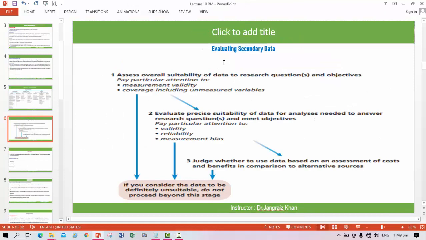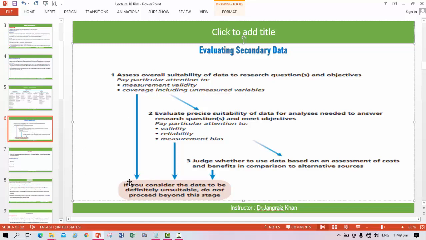Now, evaluating the secondary data. If you are using the secondary data, it should be evaluated. So, assess overall suitability of the data to research questions and objectives. First of all, pay particular attention to the measurement validity and coverage, including the unmeasured variables.